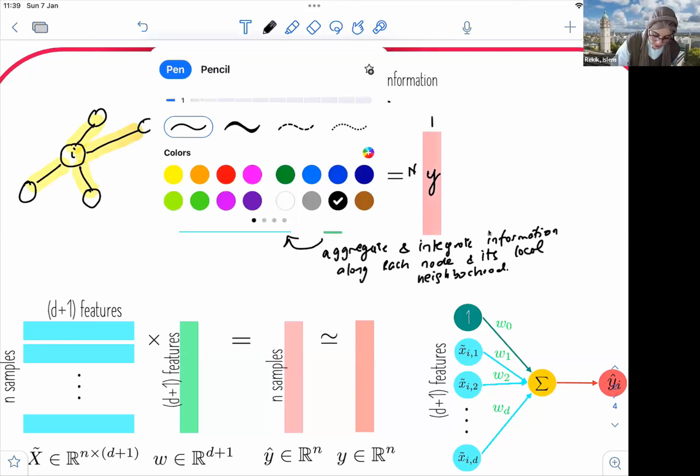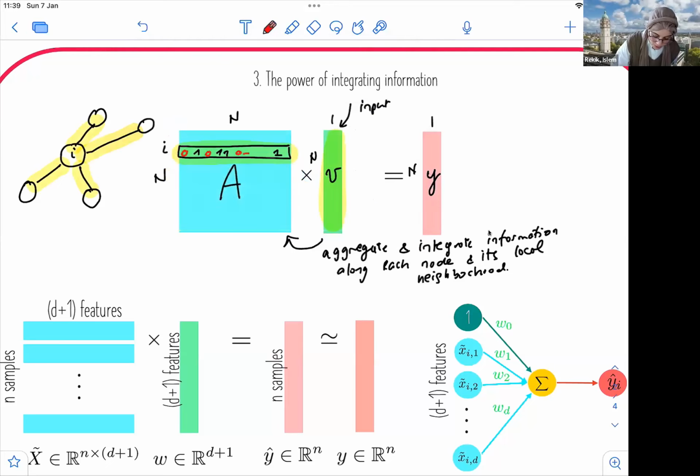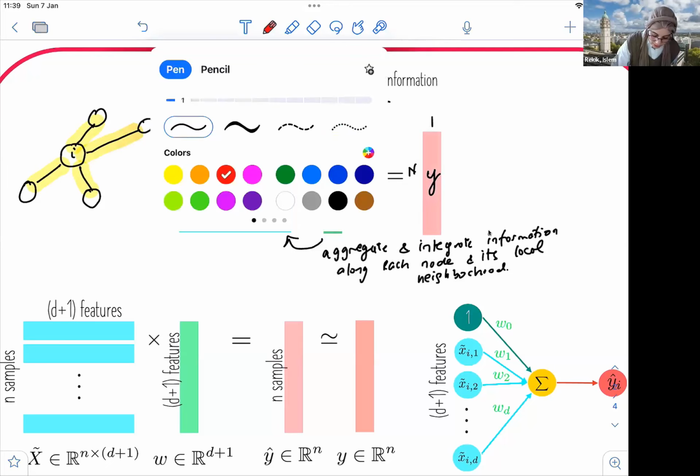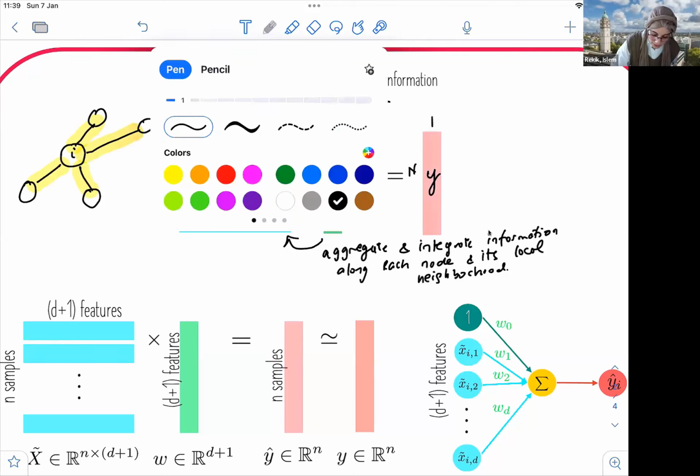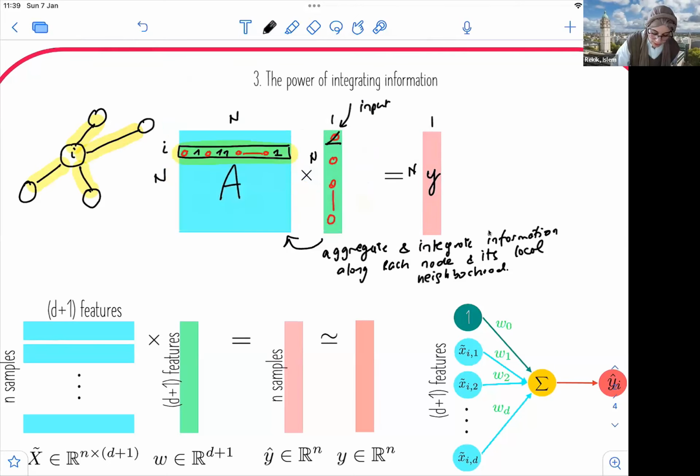The rest are zeros, so we have a bunch of zeros and 1, 1. When you do the multiplication, all these other values become 0, so we don't care. We completely remove these values and do a weighted sum.